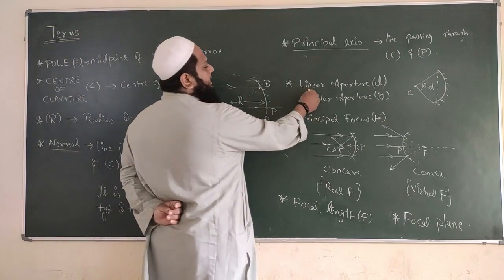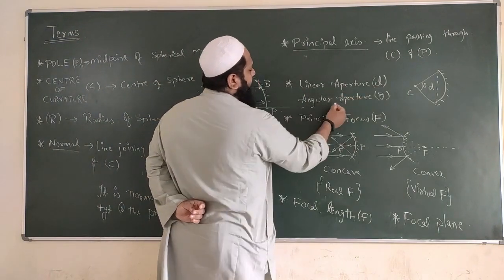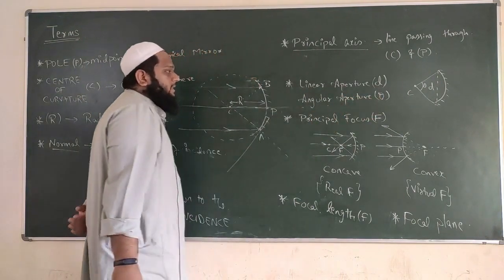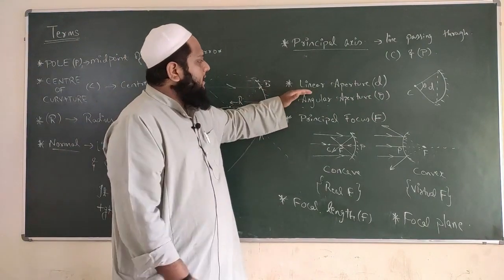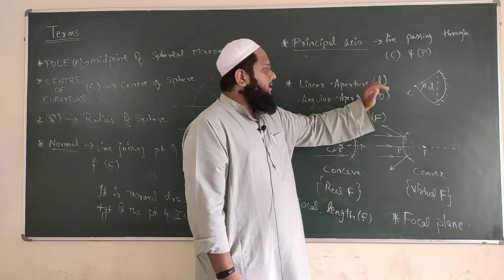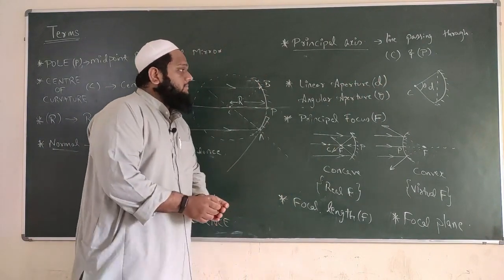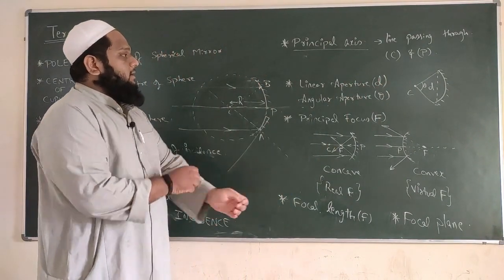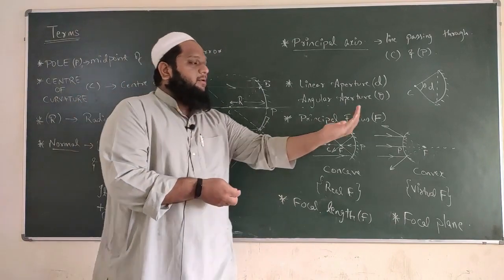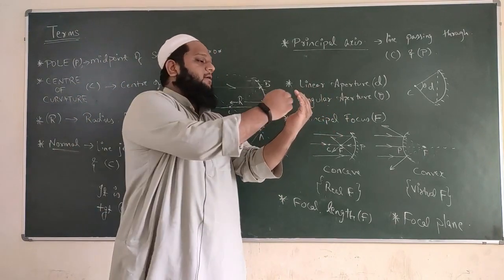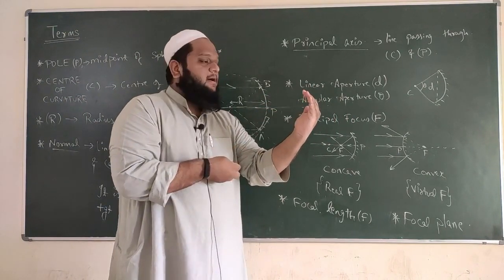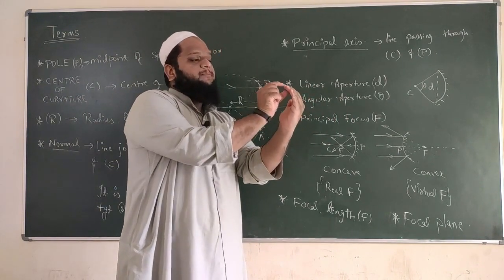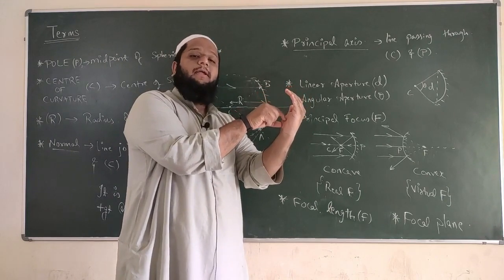Next, linear aperture D, angular aperture theta. I have put that in a separate figure because here it is already too complicated. Now, see, you have this particular concave mirror. Concave converges. So this is your reflecting surface. For example, this part and this part are not reflecting.